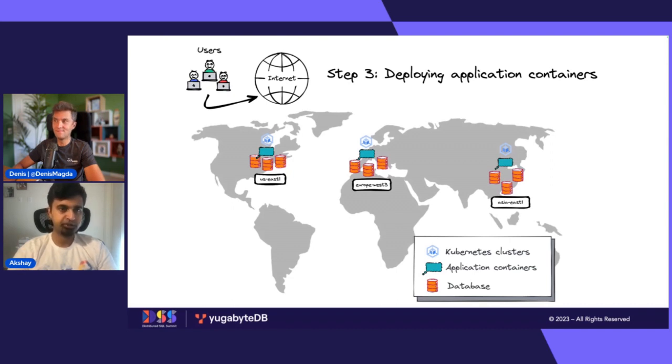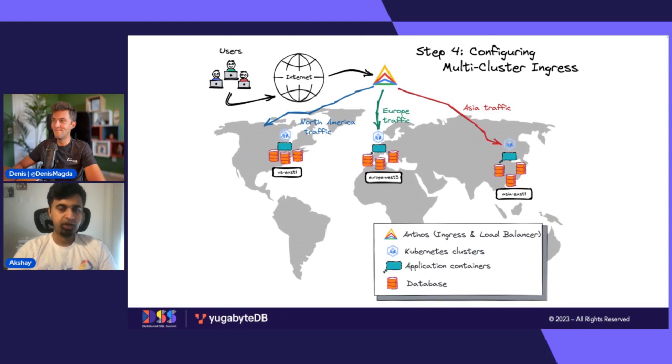Next slide, Dennis. And then obviously now that you have your application set up, your database set up, your Kubernetes clusters as your base platform in each region, you want to set up multi-cluster ingress. As I said, multi-cluster ingress is available on GKE Enterprise, which is also known as Anthos. And it's based on the global load balancer.